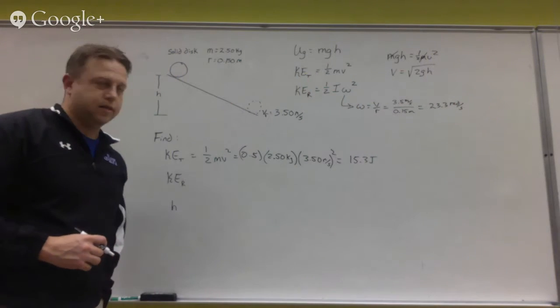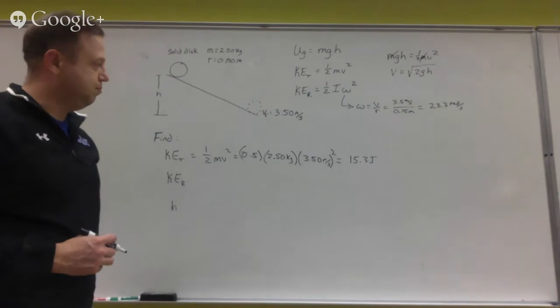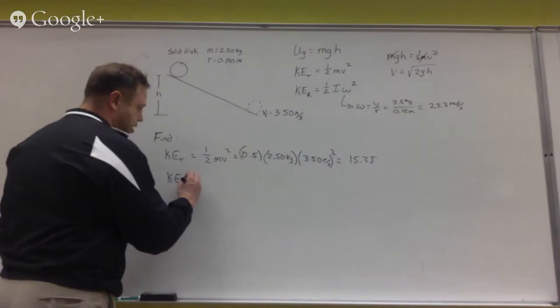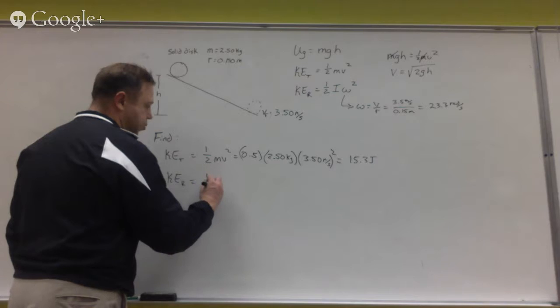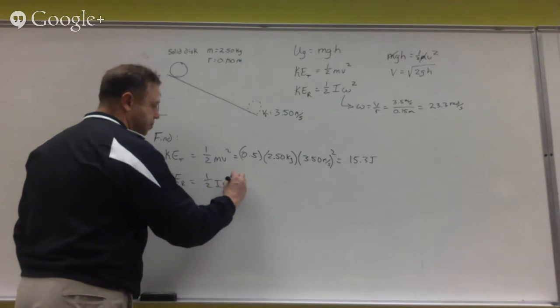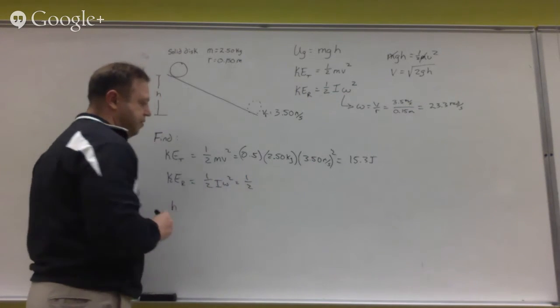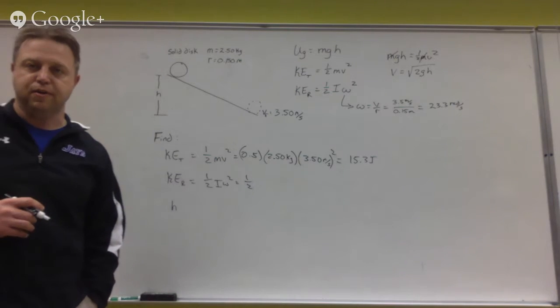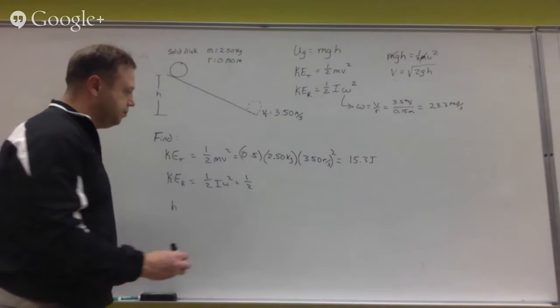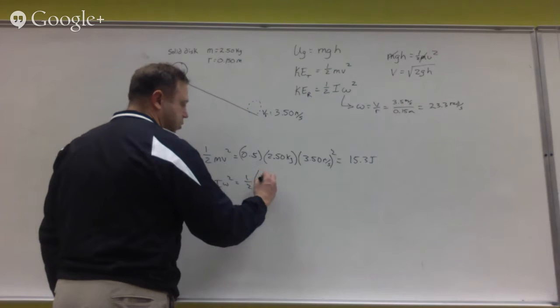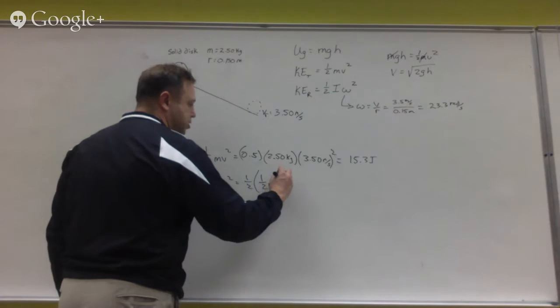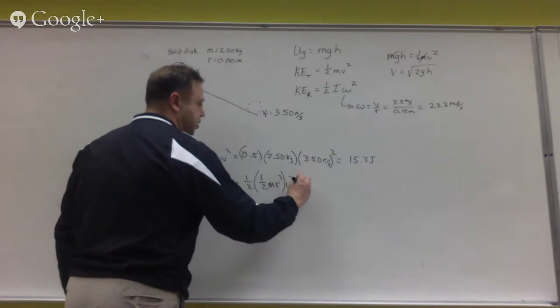It's starting to get pretty long already, so let's go ahead and solve for rotational kinetic energy: 1/2 I omega squared. So we have 1/2 times the moment of inertia for a solid disk, which is 1/2 m r squared, times omega squared.